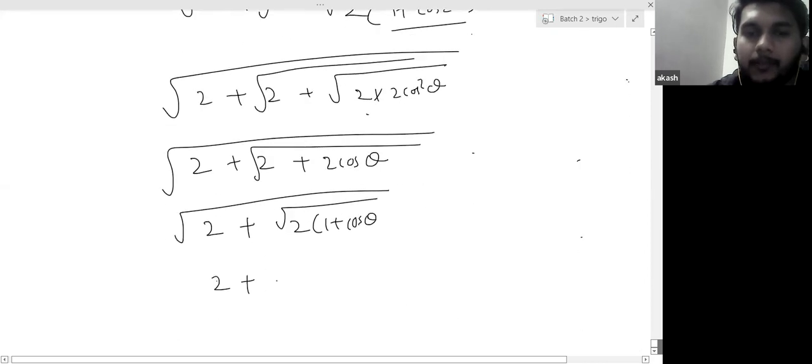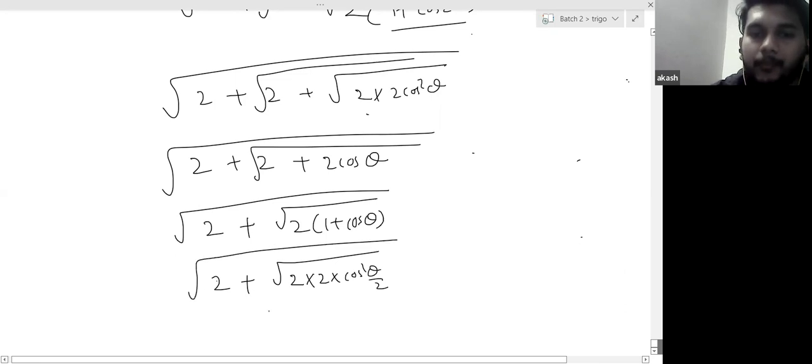So this will be 2 plus under root 2 into 2 cos square theta by 2, right? Again using the same formula. So this I can write, this is 4 cos square theta by 2. So this is 2 cos theta by 2.